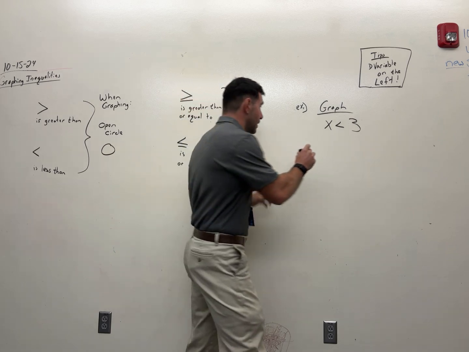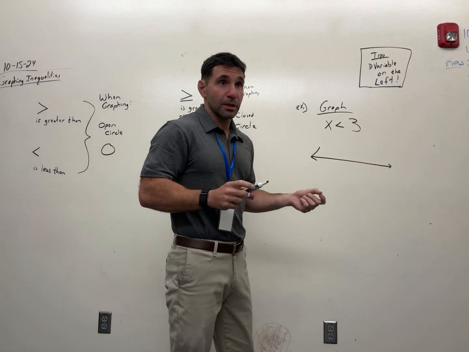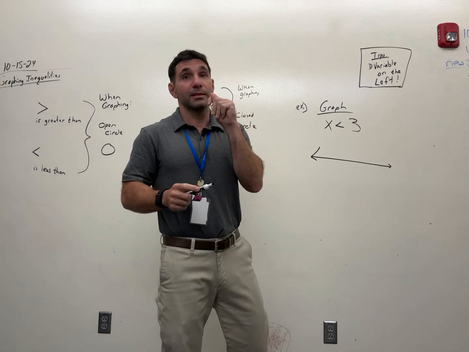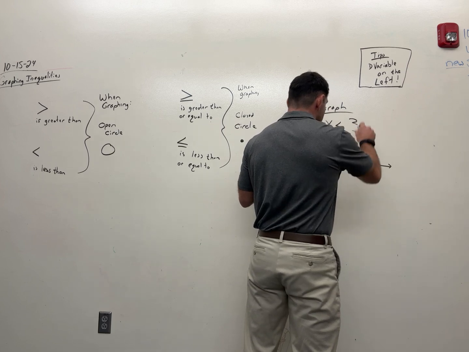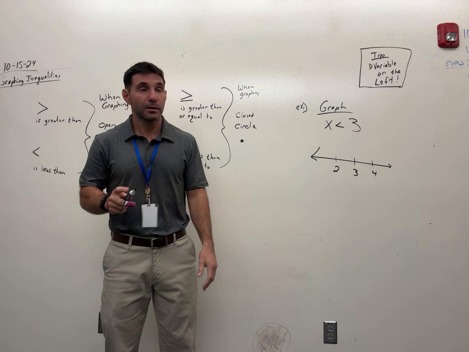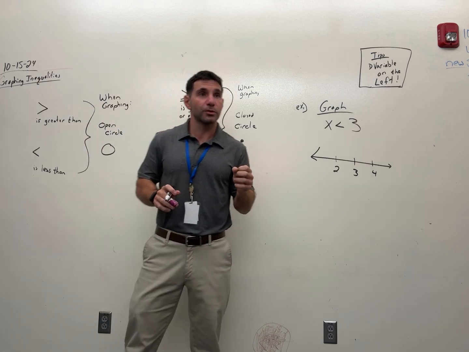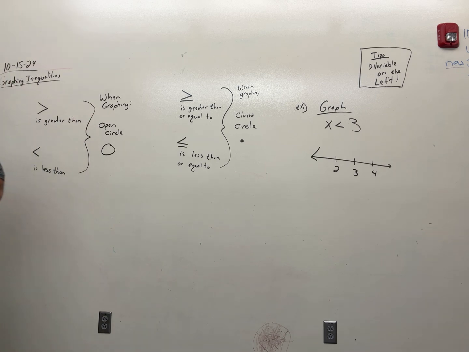Is 3 less than 3? No, okay. So now watch what I do here. When you start your number line, I always want 3 numbers at least. If you're making your own, I want 3 numbers. This number in the middle, a number higher, a number lower. Is it going to be an open circle or a closed circle, and why?